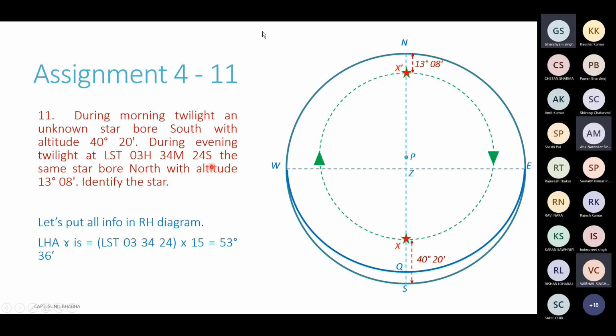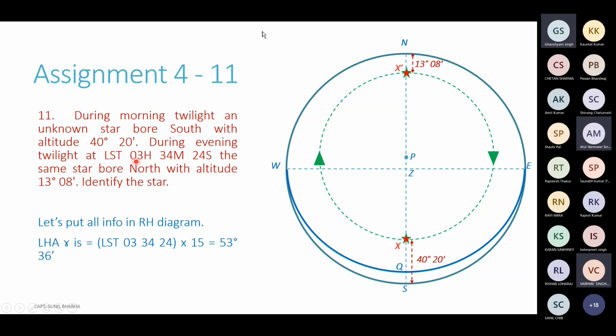As I told you, we can easily convert it into angular units by multiplying by 15. So we multiply this LST 3:34:24 by 15 and we get a value of 53 degrees 36 minutes. So this 53 degrees 36 minutes is the westerly hour angle of Aries measured from the observer's meridian. And this is the definition of LHA Aries.